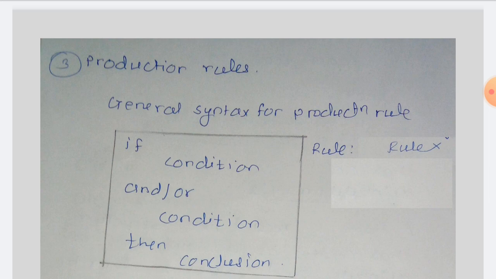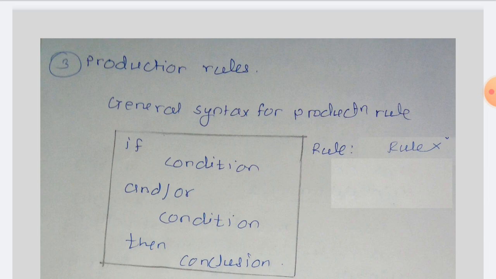Next is production rule. In production rule, the agent checks for the condition, and if the condition exists, then the production rule fires and the corresponding action is carried out.